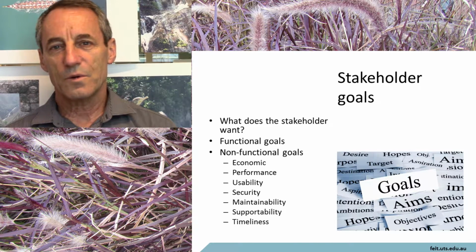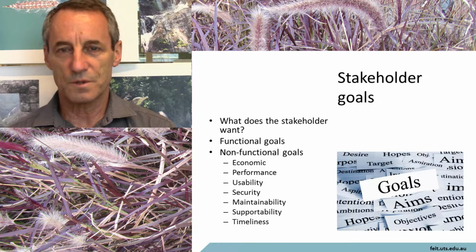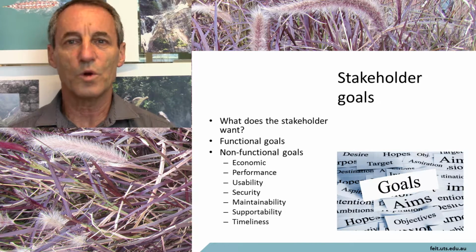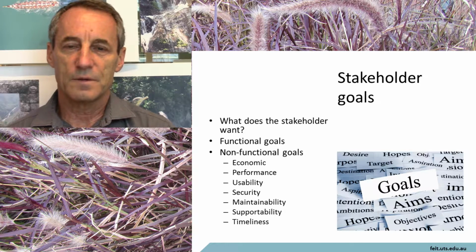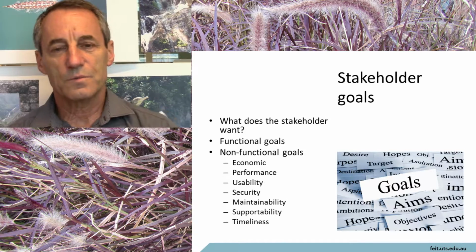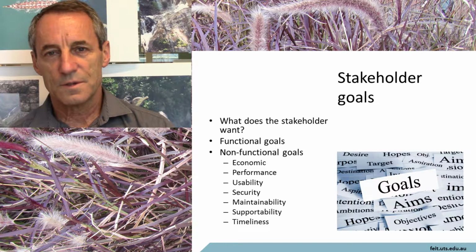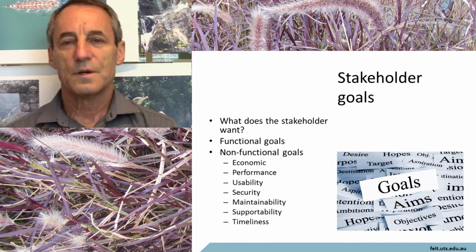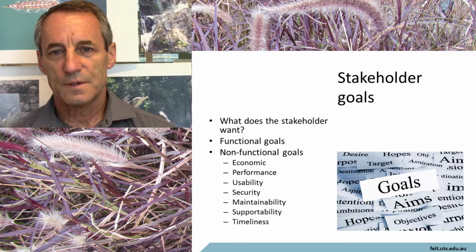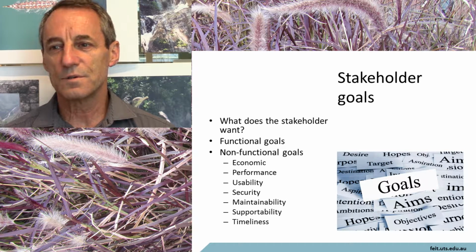Now, for stakeholder goals, usually stakeholders obviously want this thing to work. So whatever works means that's what they want. But beyond that, there's how does it work? Does it make things more efficient? Does it make things more productive? Is it more secure? Is it easier to deliver?